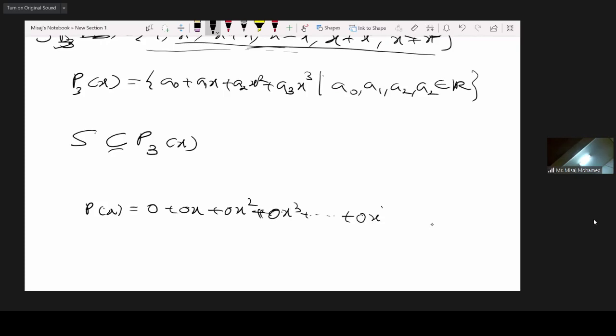This is called the zero polynomial. In other words you can just write 0, but you know that if it is a 7 degree polynomial, there are 7 or 8 zeros. Understand? So that is called the zero polynomial.